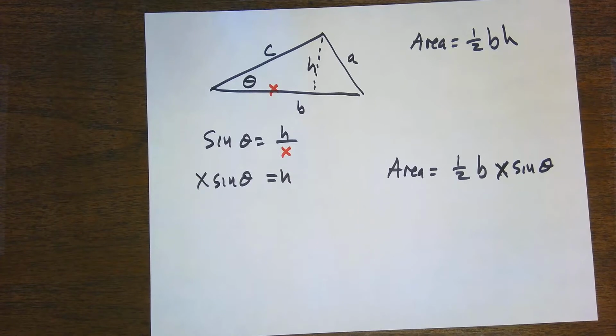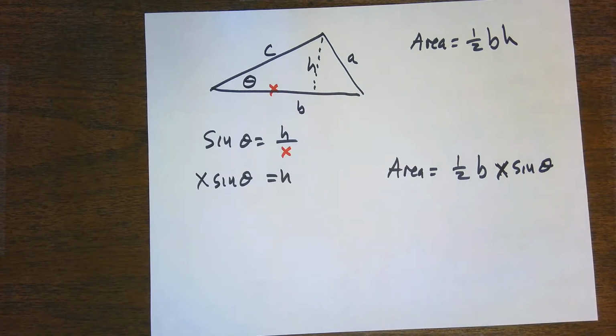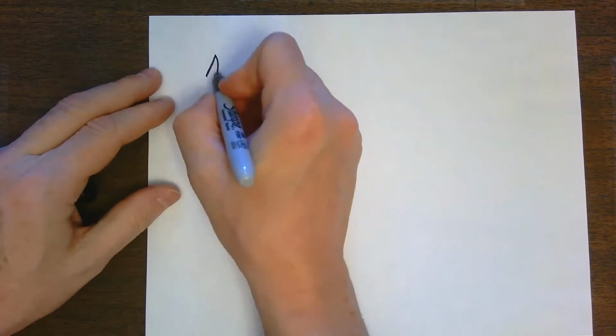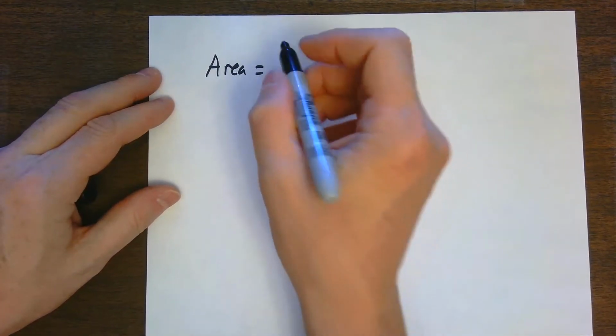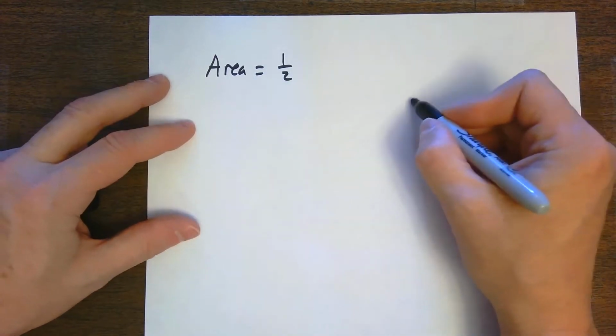This is the concept. Let's look at a slightly better way of thinking about this. Given a triangle, area is going to equal 1/2, and let me draw a triangle here.